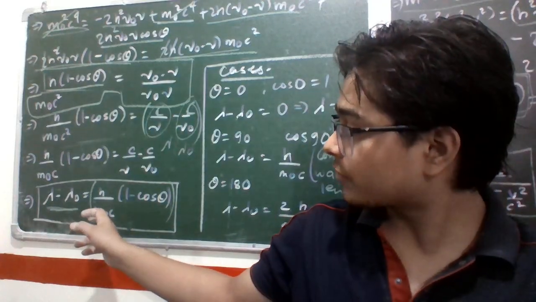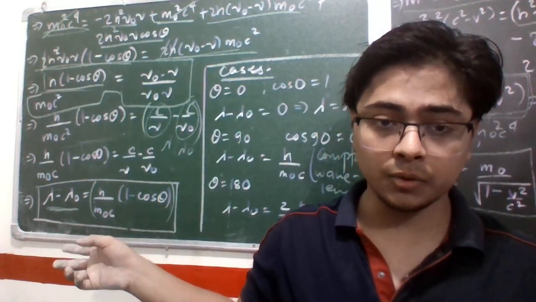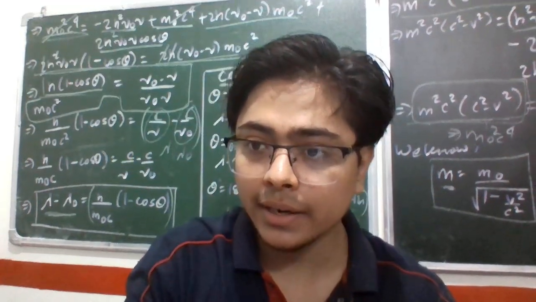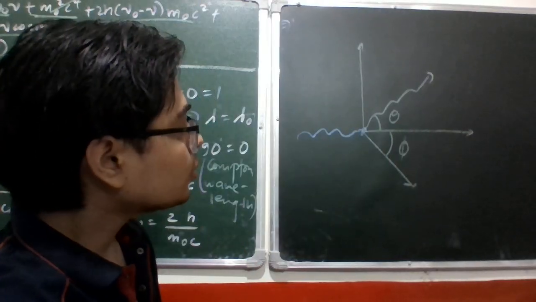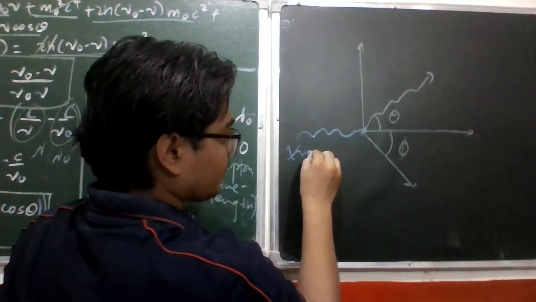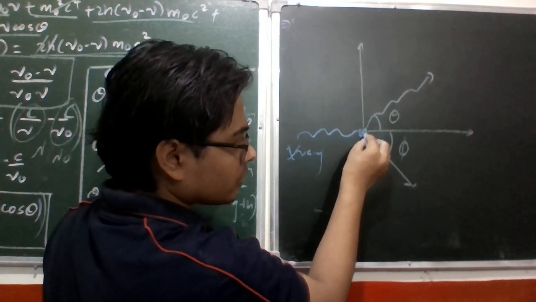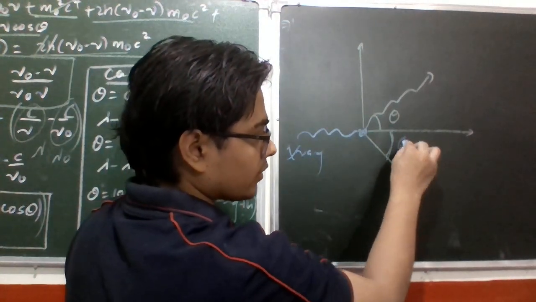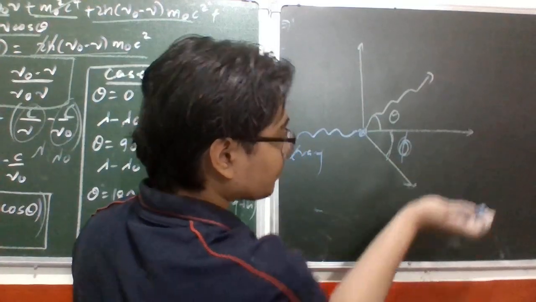Now, since we have got to this equation, I want to revise what we have done up to here. So I think I should draw a diagram. Yes. So we have an X-ray which strikes an electron, and the electron would recoil in this direction with the angle phi from the x-axis.